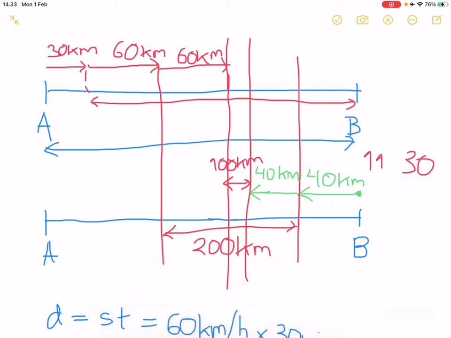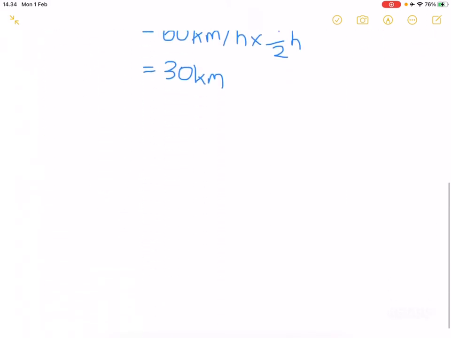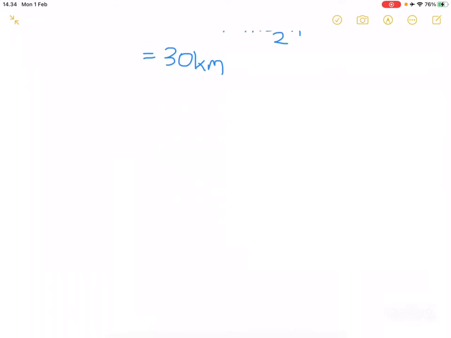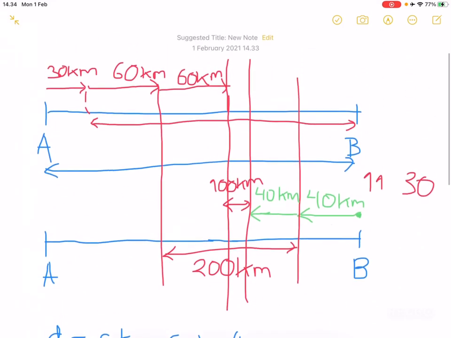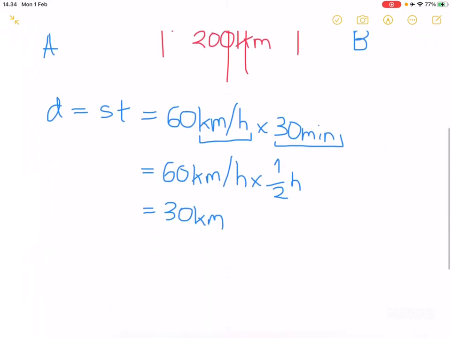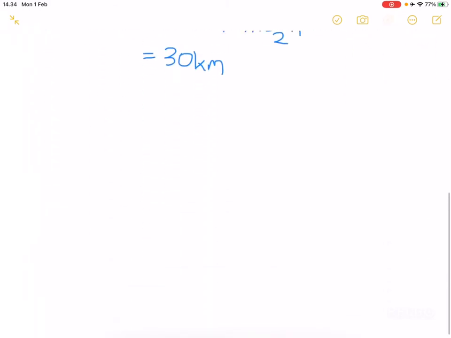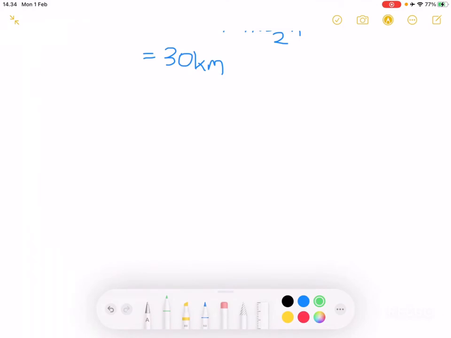You may or may not have seen the pattern yet. Every time you fast forward an hour, the distance shrinks by the sum of their speeds, which is 60 plus 40, which is 100. And actually, there is a formula for this type of question.